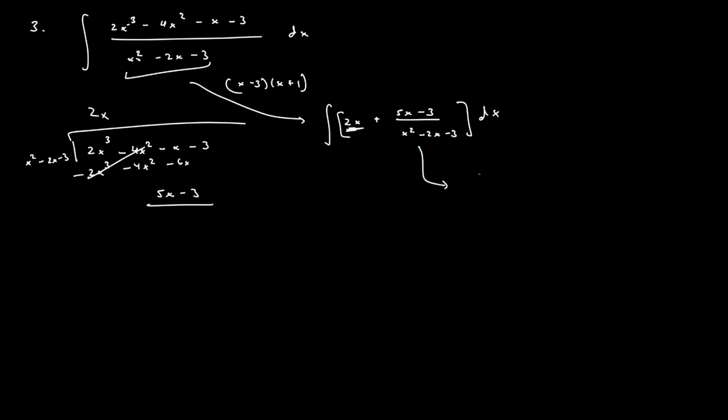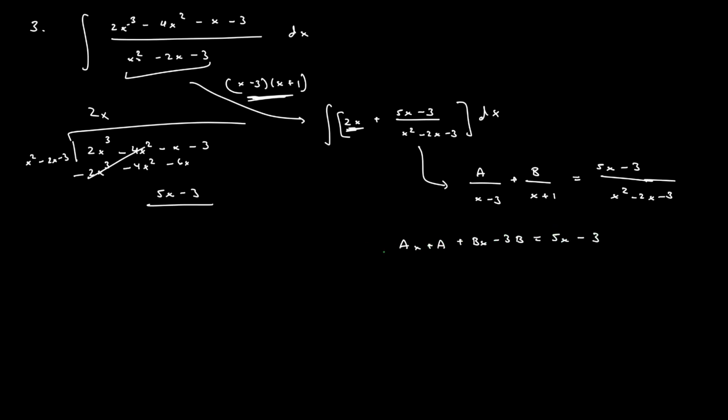So we have a divided by (x - 3) because of these factors, plus b divided by (x + 1), is equal to (5x - 3) divided by (x^2 - 2x - 3). So I get ax + a + bx - 3b is equal to 5x - 3.